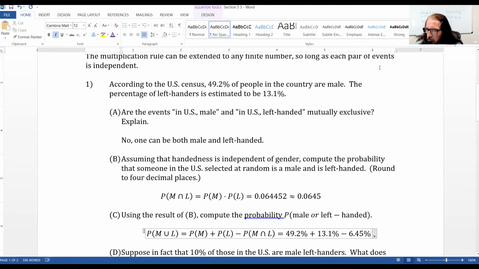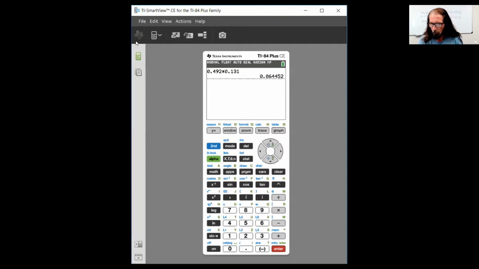All right, so 49.2 plus 13.1 minus 6.45. That would give us 55.85%.